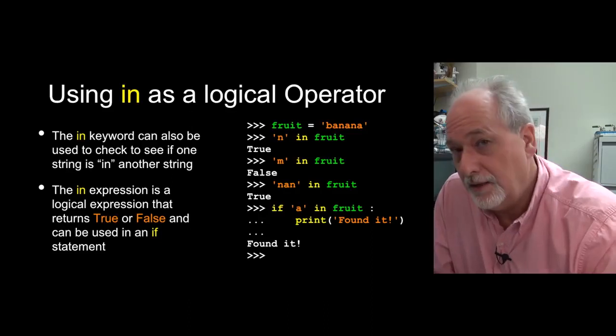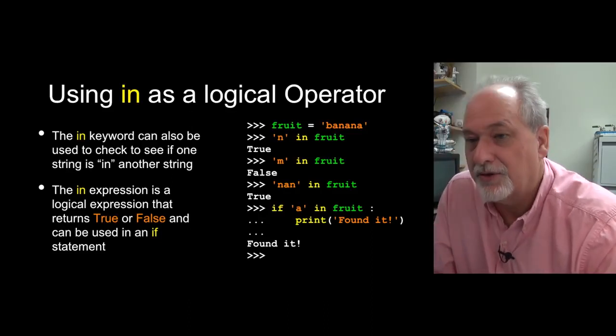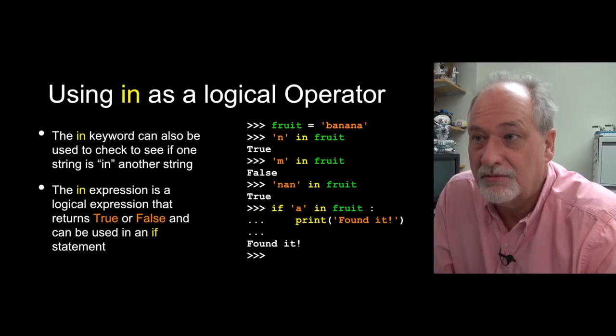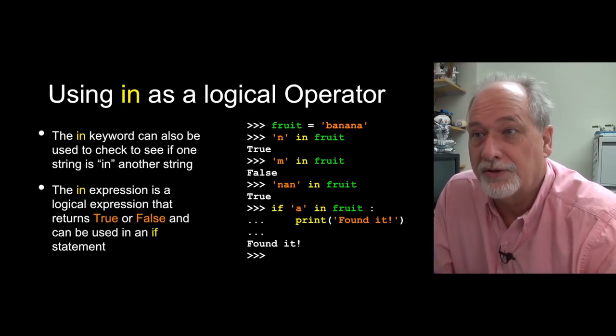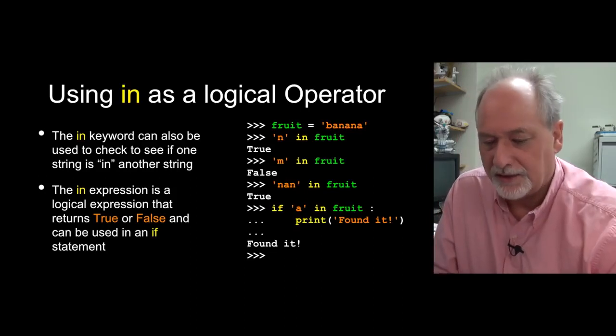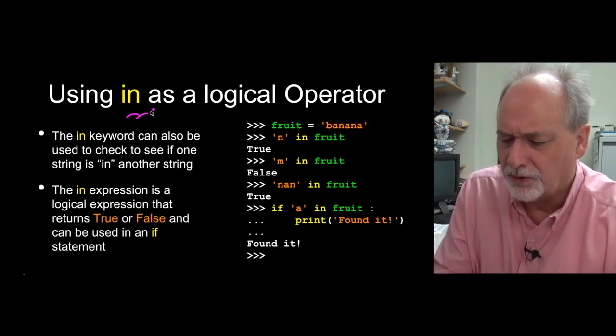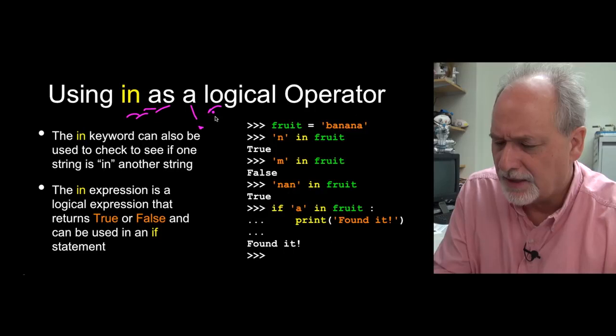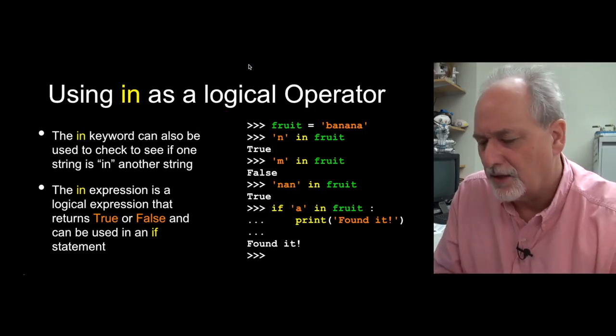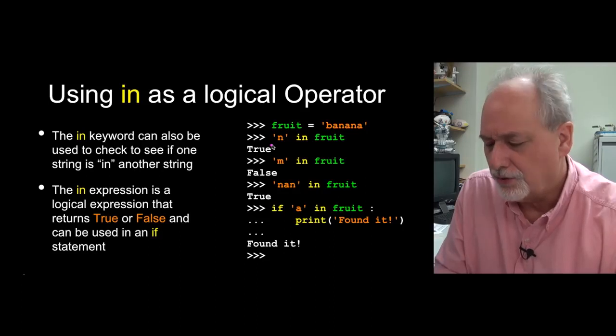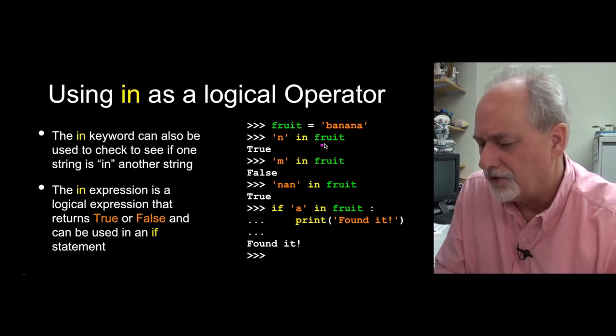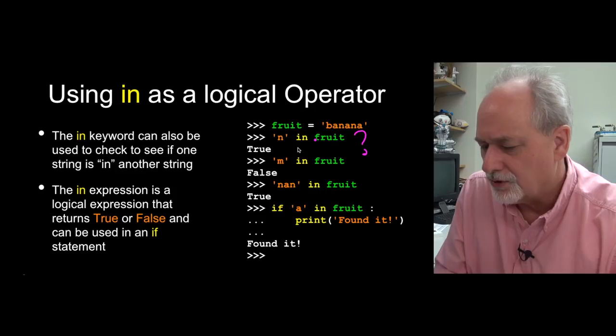We can use in differently as a logical operator. We're using it as an iteration structure in for loops, but we can also use it as a logical operator in if statements. It's kind of like double equals or not equals or less than or equals, and it returns a true or a false. Is n in fruit? That's a question, and the answer is true. Is m in fruit? No. Is nan in fruit?